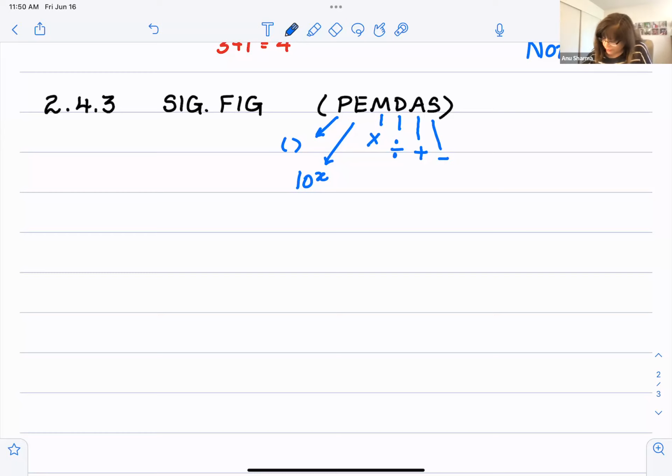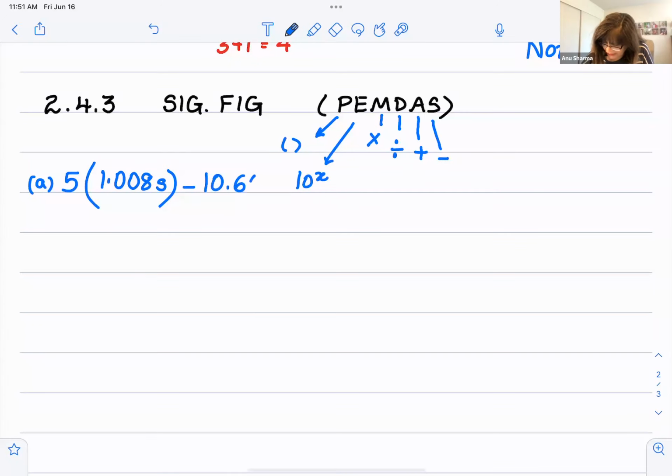This question. So A, 5 times brackets 1.008 seconds minus 10.66 seconds.